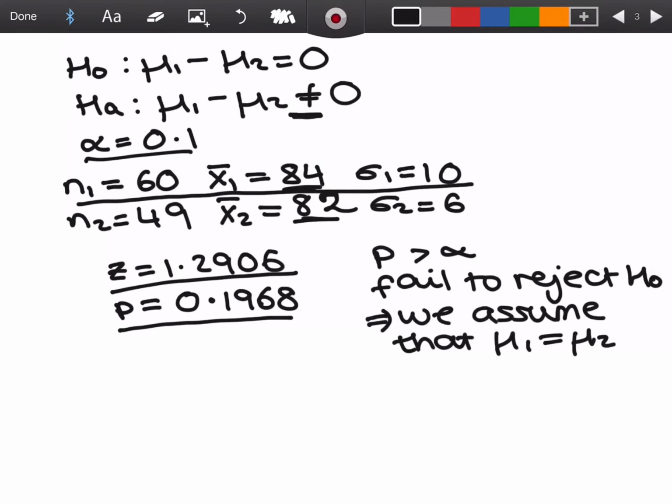So this is the problem fully written out with all of the values, and again, because we are failing to reject our null hypothesis, we are assuming that mu1 minus mu2 does equal 0, and that means that mu1 must equal mu2. I would highly suggest that when you do any of these problems, before you plug anything into your calculator, please write the values down and write down what each value is.